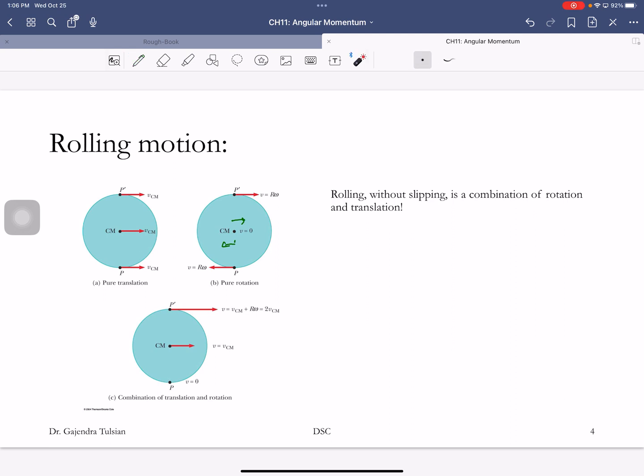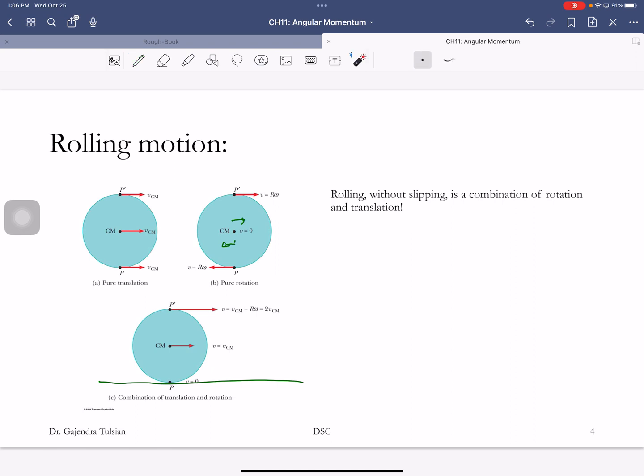Now, in pure rolling, all you do is add these two velocities. When a wheel rolls, this point is at rest. That's the only point that's at rest momentarily, the point touching the ground.